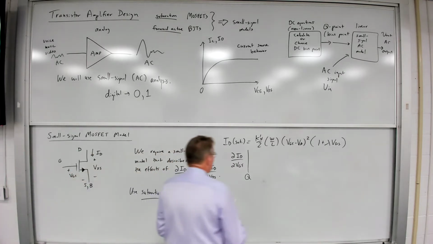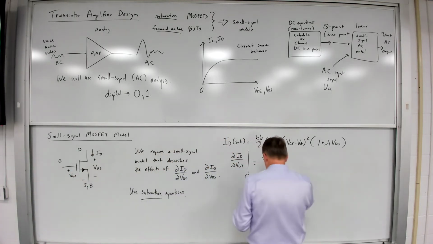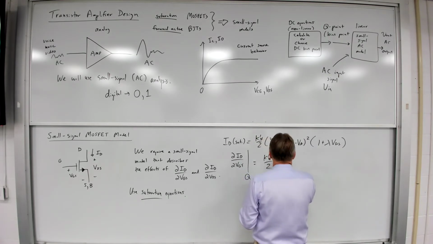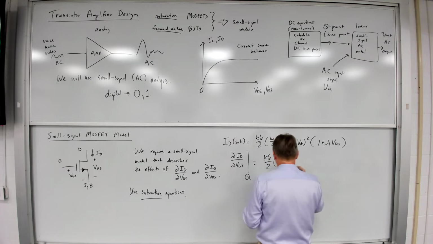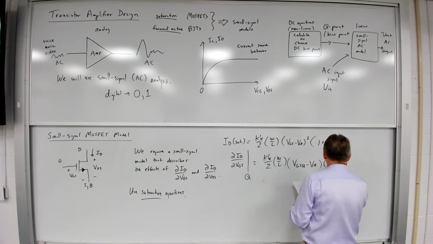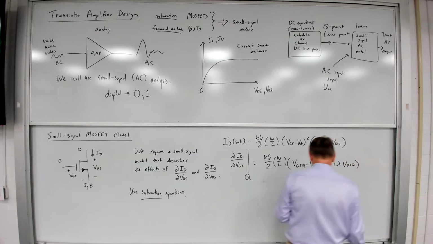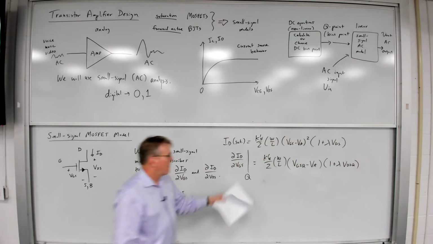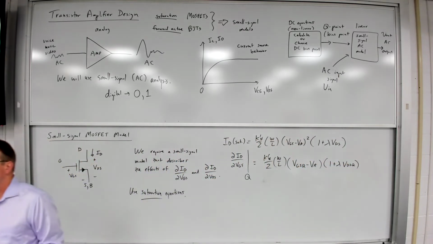If we take this derivative, this will be equal to K prime N over 2 times W over L times VGSQ minus VT times (1 plus lambda times VDSQ). That's the derivative we get.